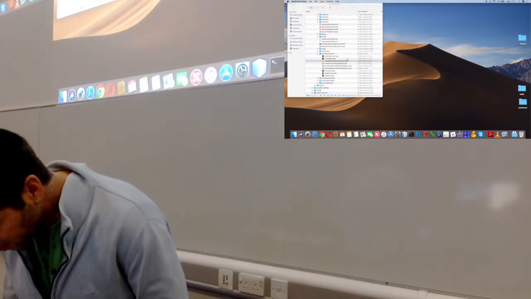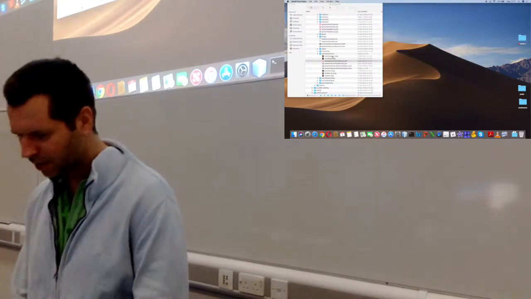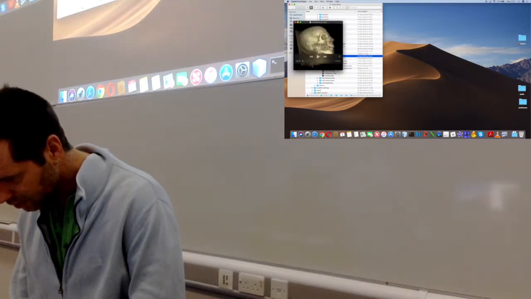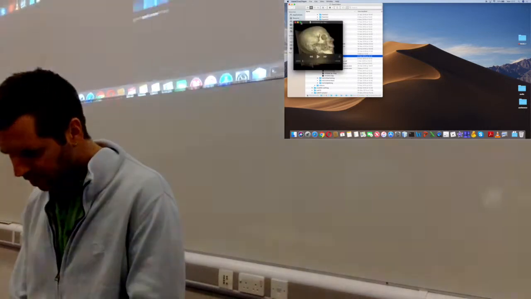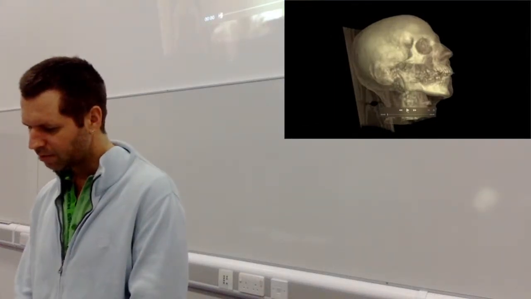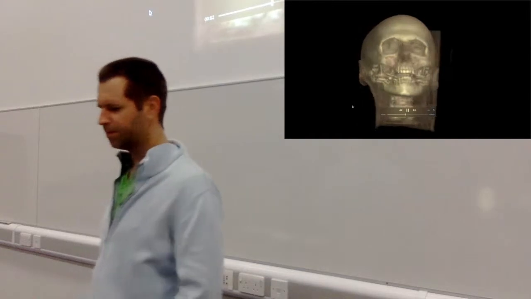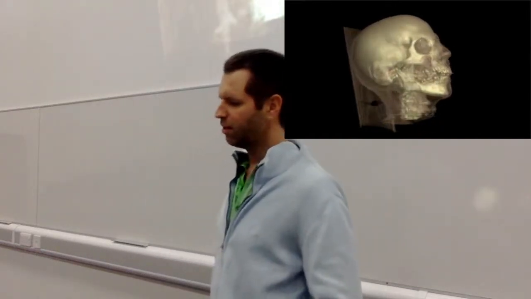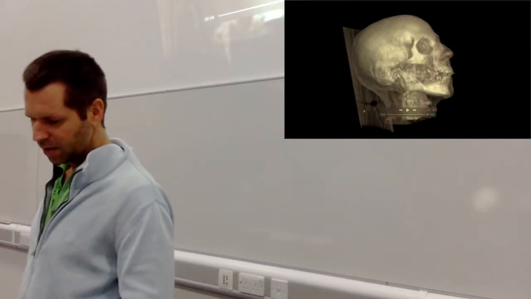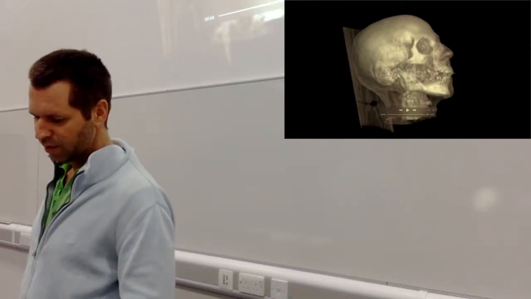I might have some more surfaces. Do I have some surfaces? Yes. Some more examples of multiple surfaces, by the way. That's multiple surfaces. It's not just one. There's a semi-transparent surface for the skin, and the bench, or whatever you want to call it.